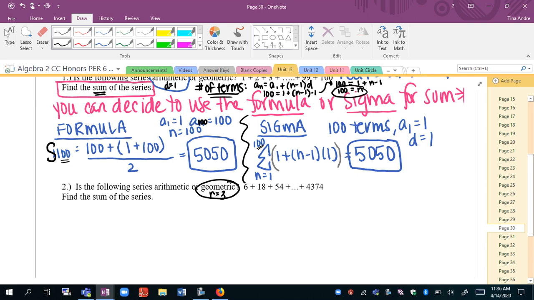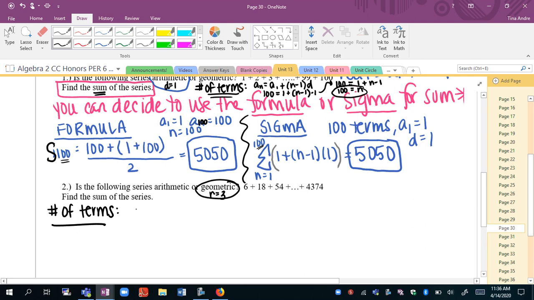Regardless of which way I do this, I have to know how many terms are in this series because I can't count them. So my first step is to figure out the number of terms. Since this is a geometric pattern, I can use my geometric sequence formula. Just pretend that the pluses aren't there.